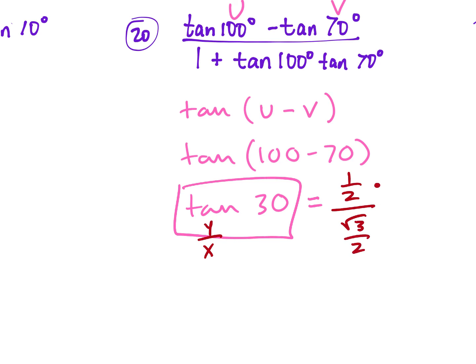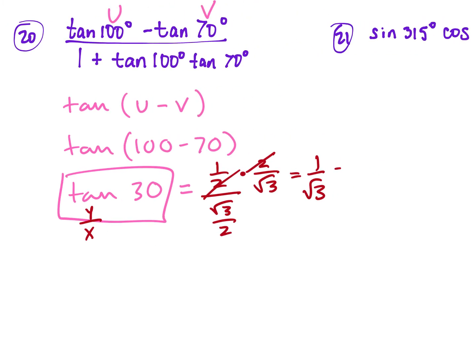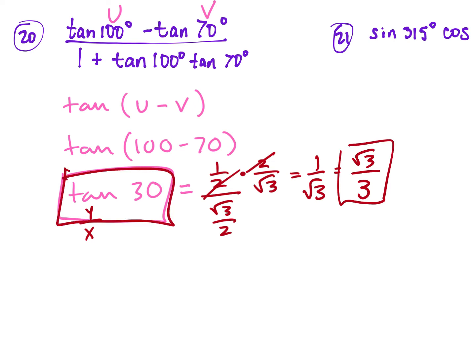Then we keep change flip. Should be times 2 over square root 3. And then the 2's cancel, so this is 1 over square root 3. And then if we rationalize, it would be square root 3 over 3. So this is one part of your answer, tangent of 30. The other part is finding what the tangent of 30 is, which is square root 3 over 3.